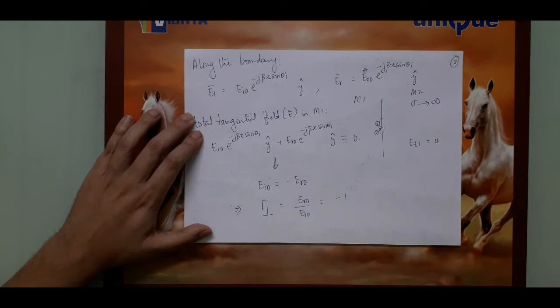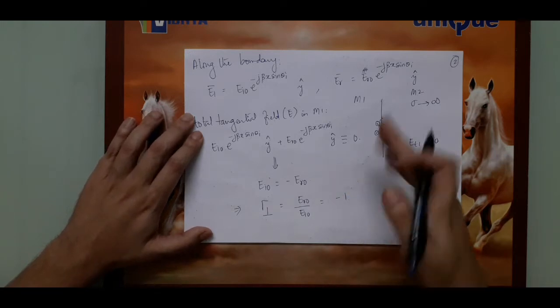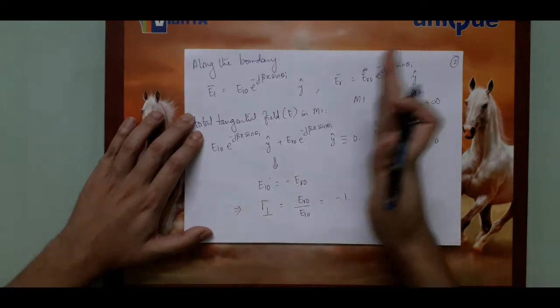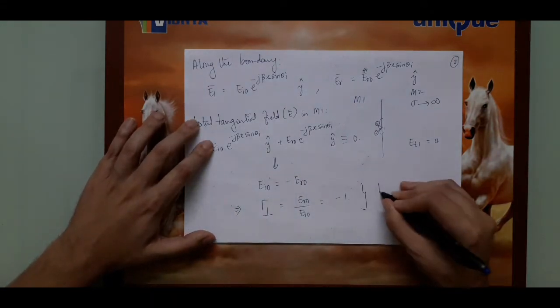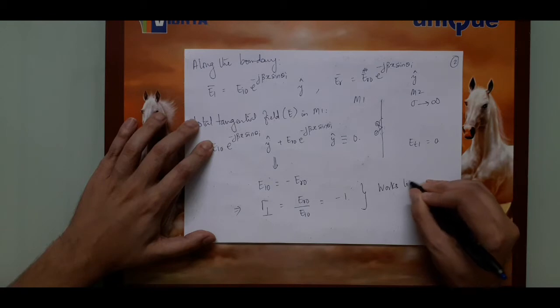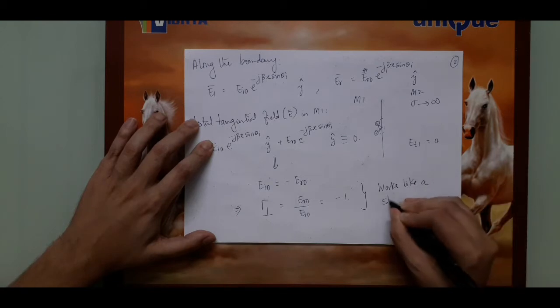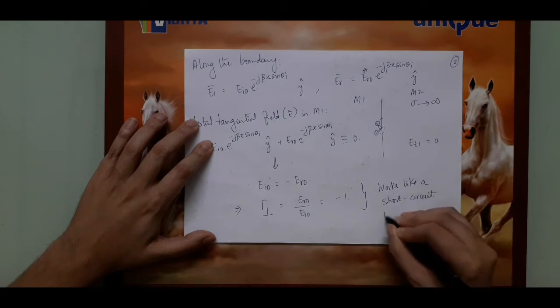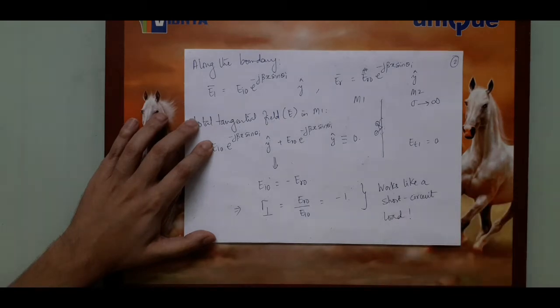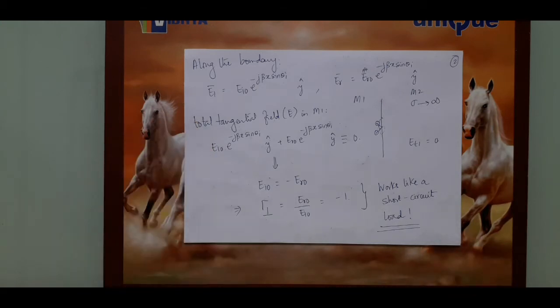Simple, it is the short circuit. So a metal dielectric boundary works exactly like a short circuit. So this works like a short circuit load.